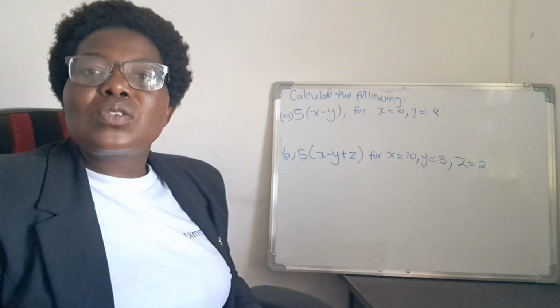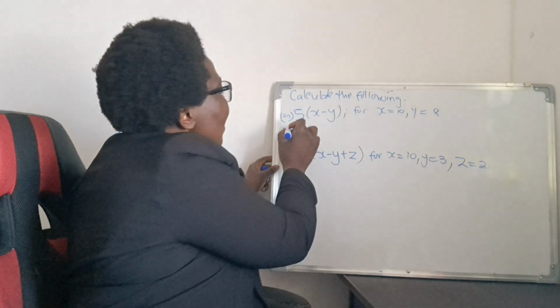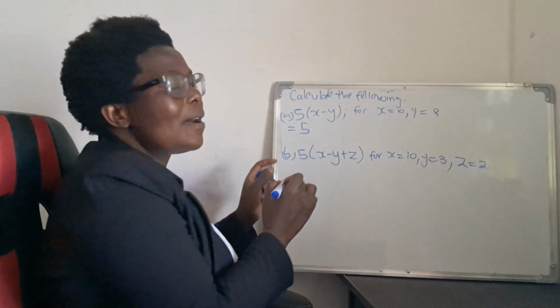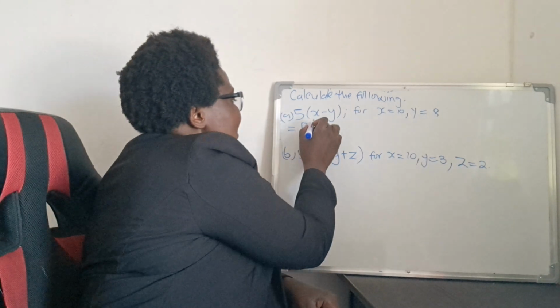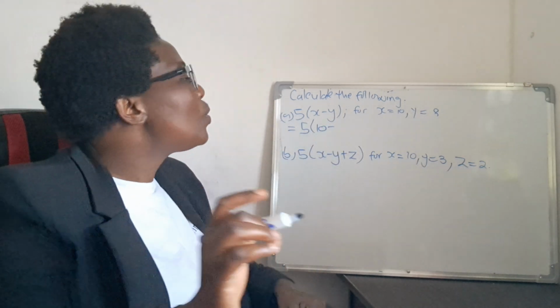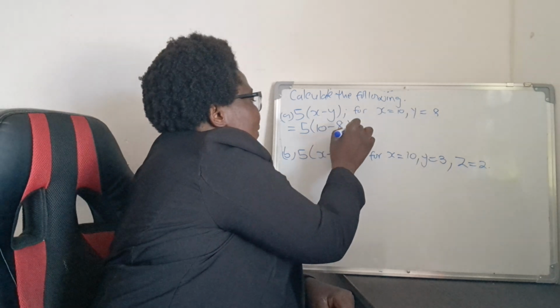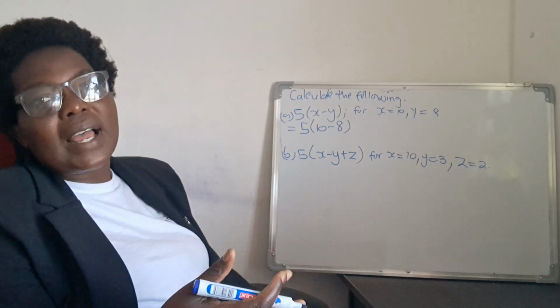So when you are required to solve these questions, you just rewrite the sum, replace x with the x value, that is 10, and replace y with the y value, that is 8. And then of course you can simplify inside, or else you expand, then you simplify.